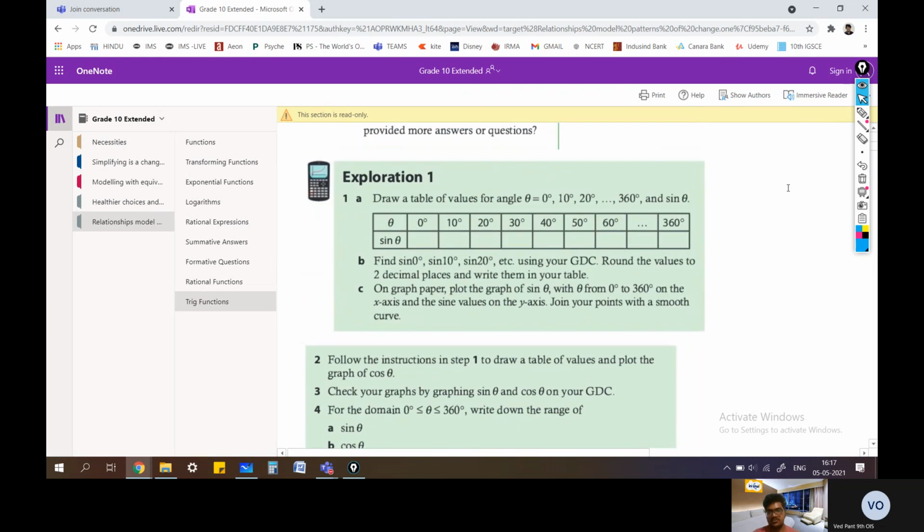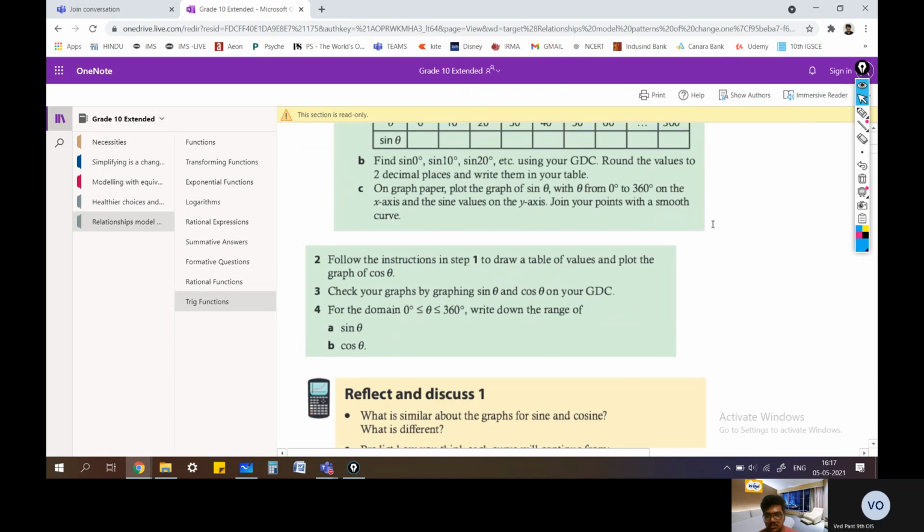Try doing the exploration first by yourself. Yeah, the exploration I've done. Okay, you've done it already. What about this one?